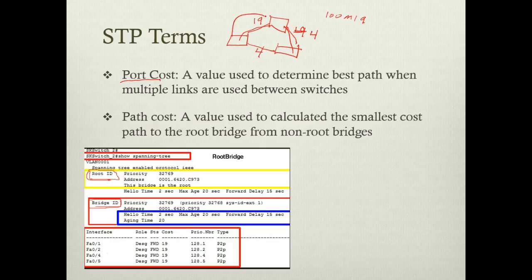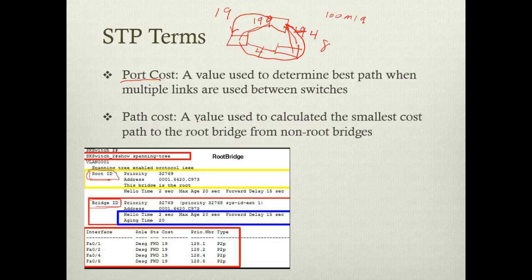Instead of going directly here with the 19, the more efficient path is actually the longer path, because it's going to be 8 versus 19. So it should choose, and this all happens automatically, the low cost path when we do these things.